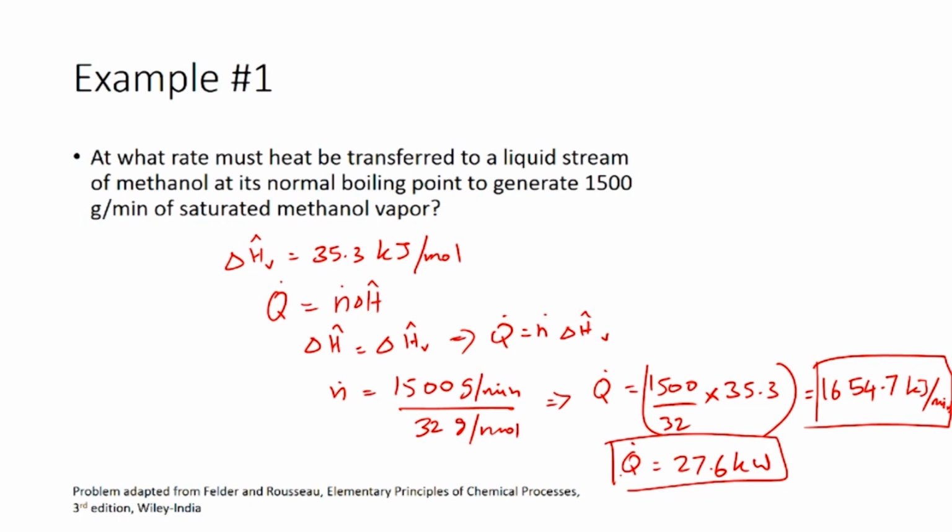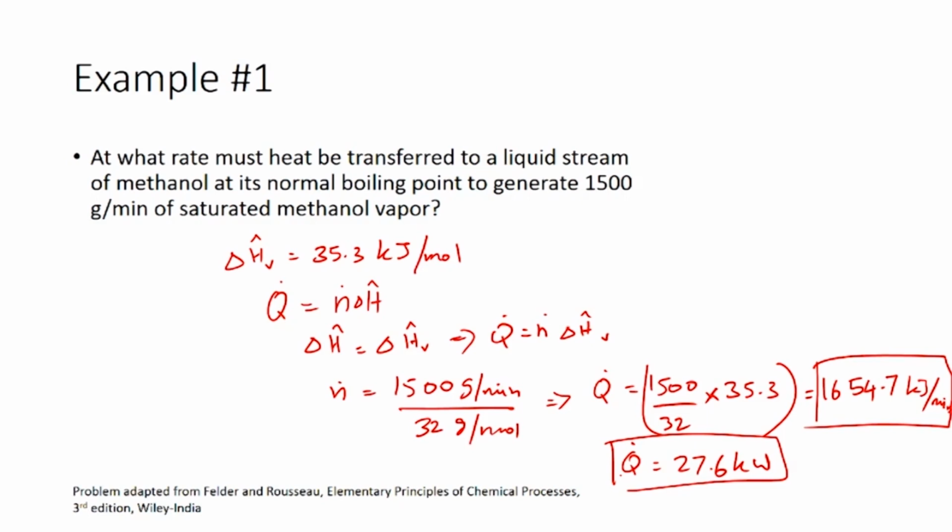Okay. So, this is a simple calculation where we performed a very simple energy balance for a process where only phase change is happening. It is a very simple process because phase change happens here at constant temperature and constant pressure, and this is also happening at the normal boiling point, which means the heat of vaporization was directly available, and all we needed to do was multiply this standard heat of vaporization with the molar flow rate to get the rate of heat transfer.